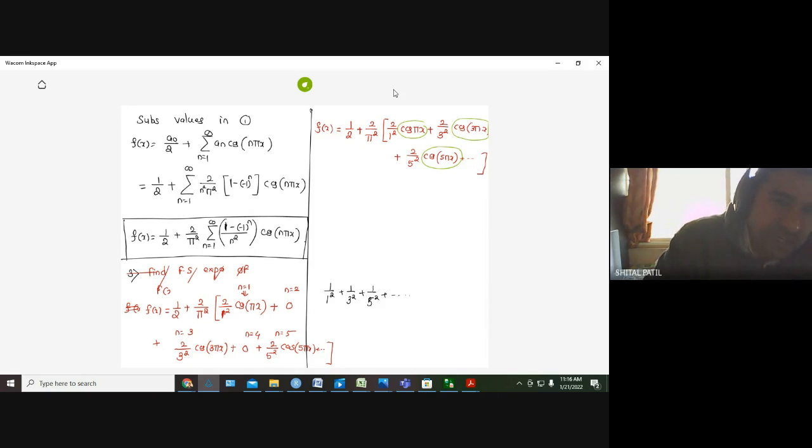So we'll start with the simplest value, x equal to 0. This is again the trial and error method.